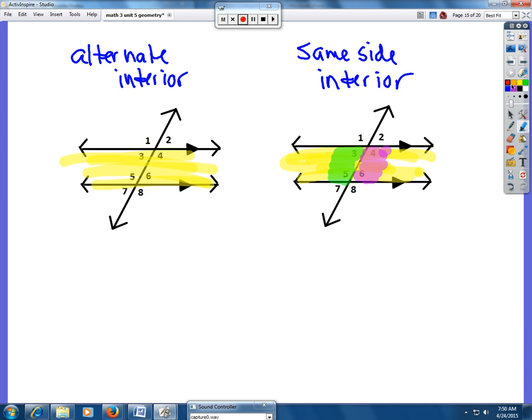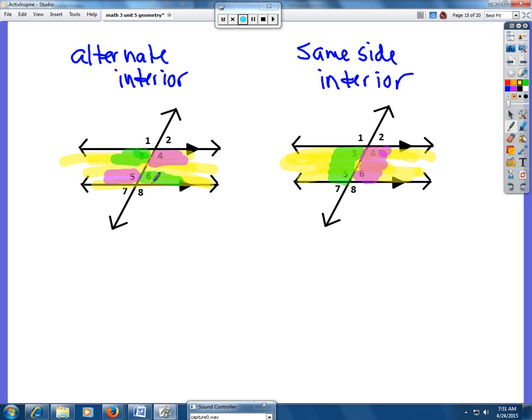And then we've got our alternate interior. So the interior is between the parallel lines. Alternate means opposite sides of the transversal. Same side means they're on the same side of the transversal.